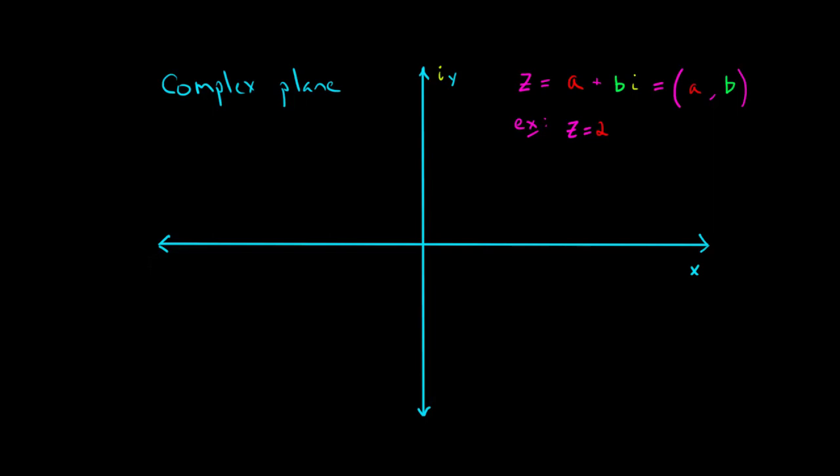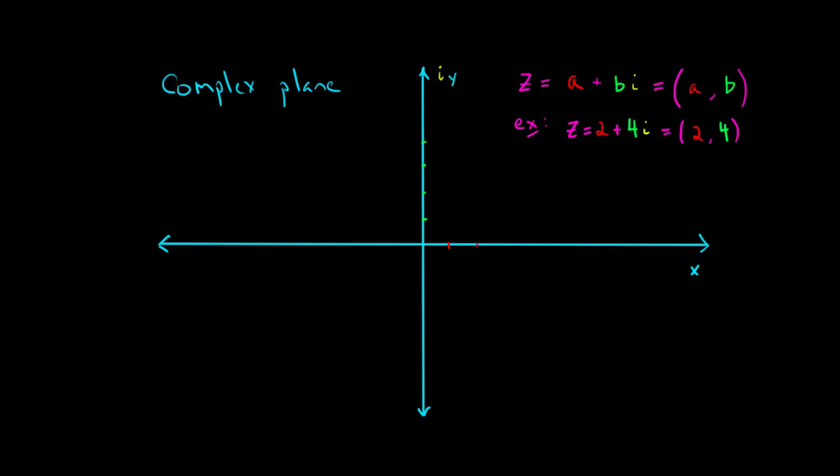For example, if z equals 2 plus 4 times i, let's say, then I'll plot that as the point 2 comma 4 on this complex plane. And let me try to draw that.